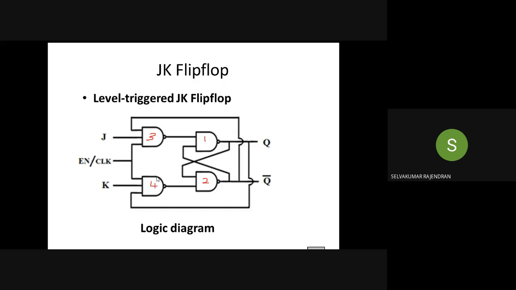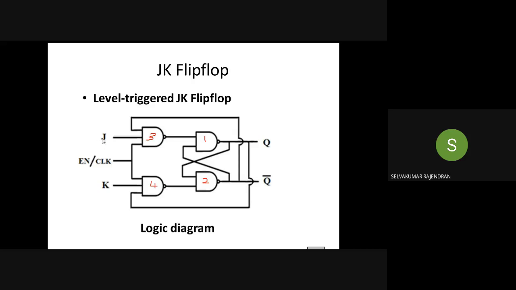NAND gates 3 and 4 have feedback signals. Q is fed back to NAND gate 4, and Q bar is fed back to NAND gate 3. So this is the modification available in JK flip-flop compared to SR flip-flop.